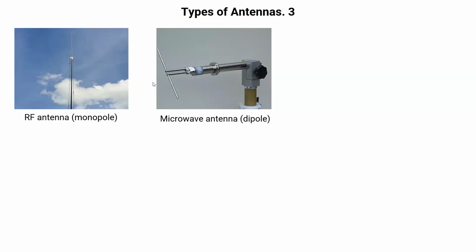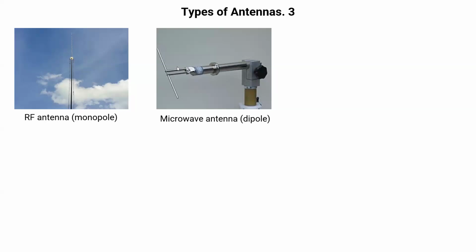If you reduce the operation wavelengths to the microwave frequency range, we use microwave antennas. Here the wavelength is a few centimeters, or better said, from a few millimeters to several centimeters.